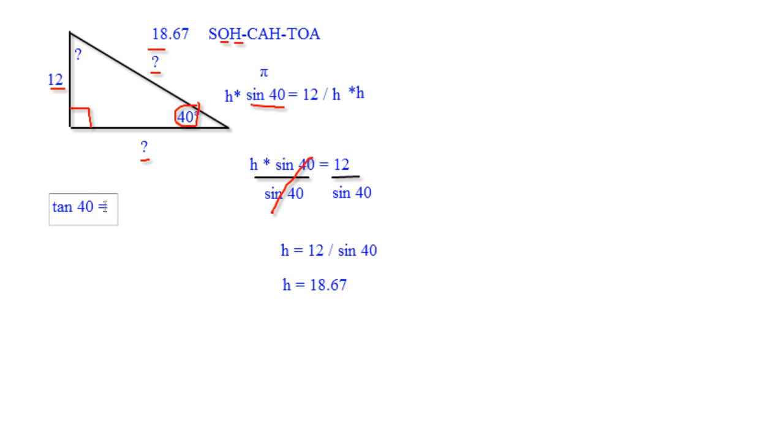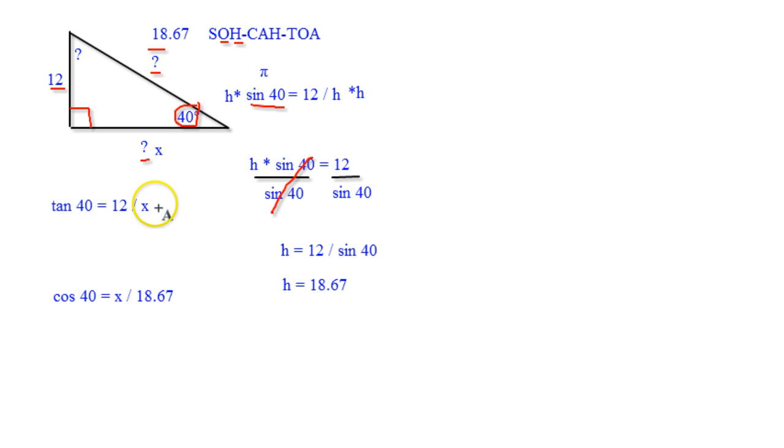So I'm going to do tangent of 40 equals 12 divided by that side. We'll call that x. Or you can do cosine of 40 is equal to x divided by 18.67. Now this is not an exact decimal, but it's a lot better than what we need.